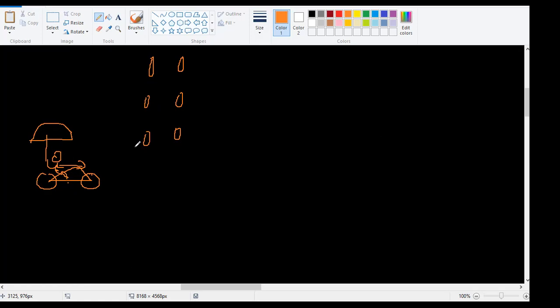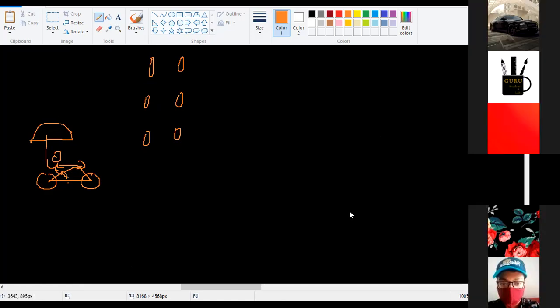No, sir. Yes, sir. Sir, if the wind is in the opposite direction, the umbrella will... Well, I'm not talking about any wind right now. So assume that there is no wind. The water particles are just falling down vertically downwards.